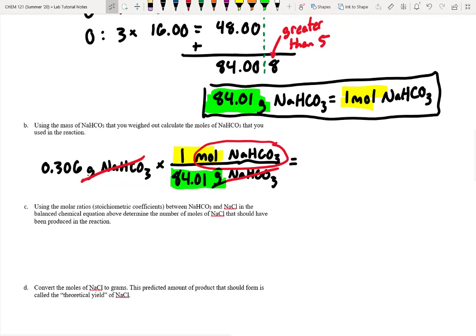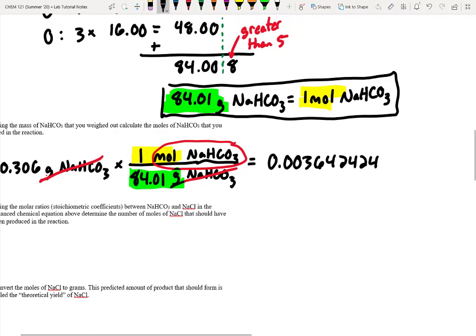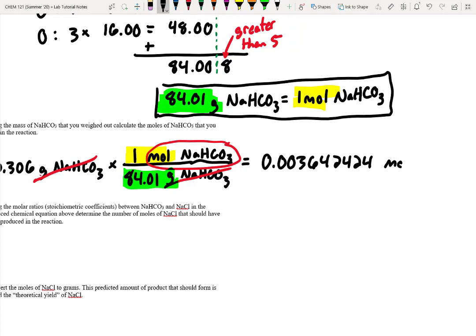Okay, so let's just spit out the answer from our calculator. So I'm getting 0.003642424, and our units were moles of sodium hydrogen carbonate, or sodium bicarbonate, if you prefer that.